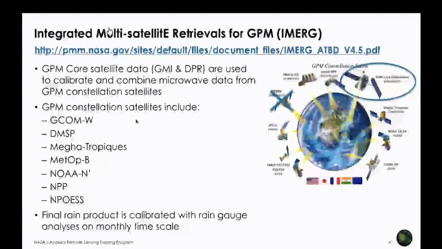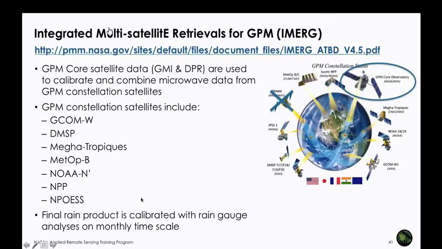And so these are the constellation satellites currently in space for GPM. TRMM, of course, is no longer there, but you can see that there are many satellites, some from NASA, some NOAA, Japanese Space Agency, French and Indian Space Agency, and European Union.